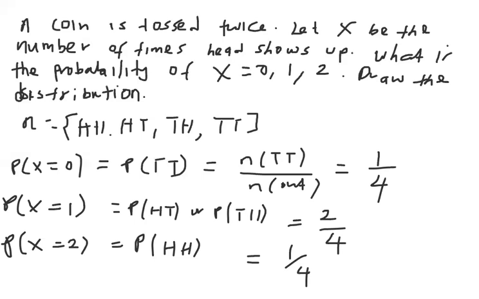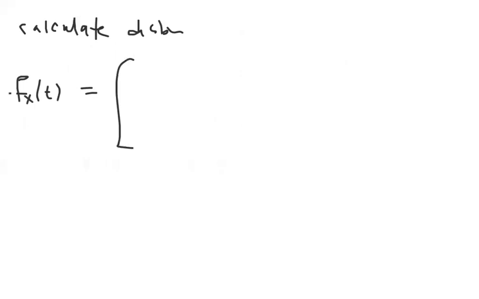Great. Now, let's calculate the distribution. First, we were only asked to draw the distribution, but let's calculate it. So you're looking at F of X, the probability that X is less than or equal to t. First of all, we say it is equal to 0 if t is less than 0, because it's not possible to have X less than 0.